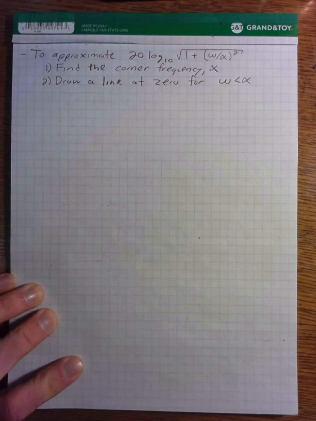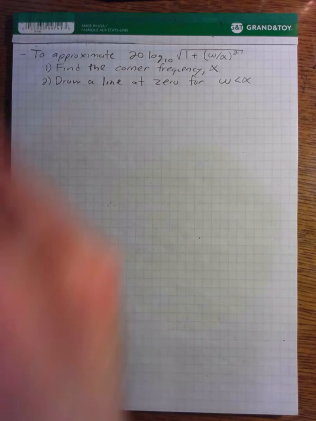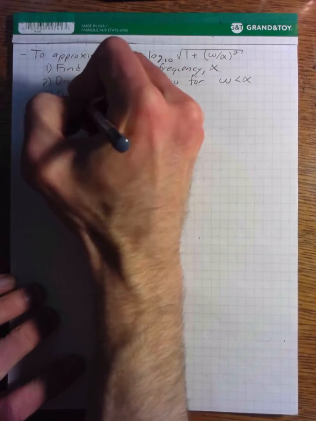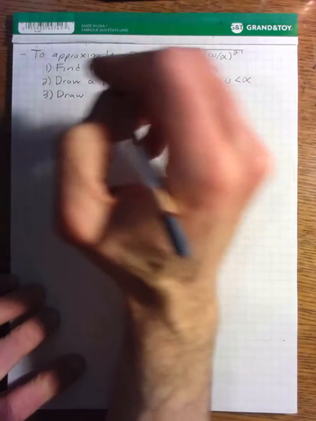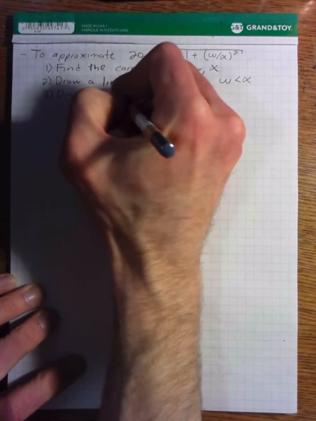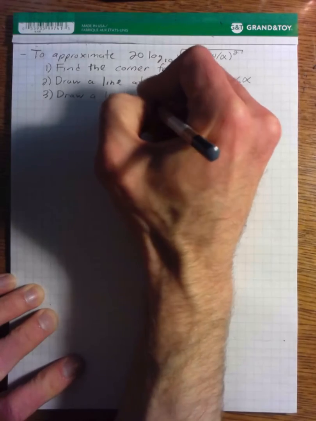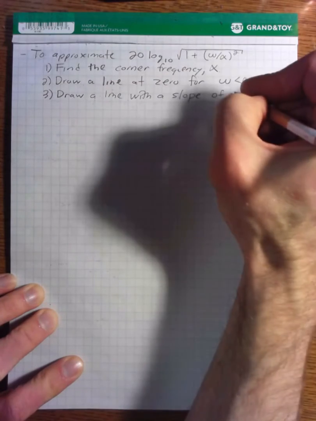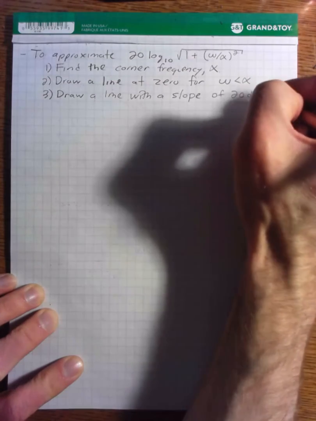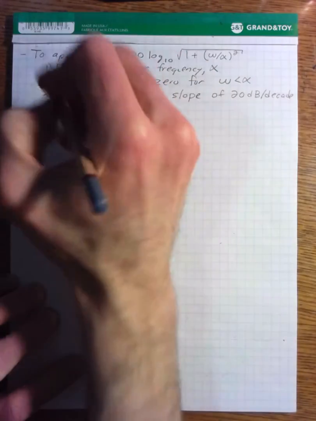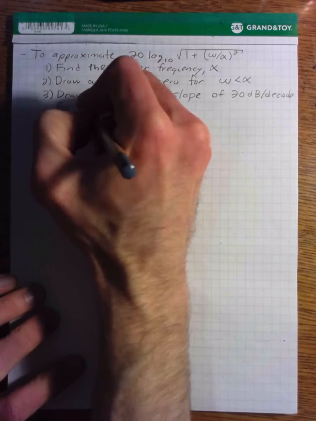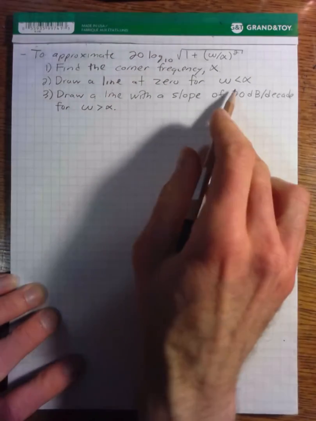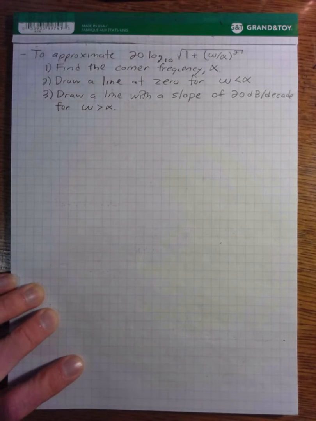Draw a line at 0 for all frequency values less than the corner frequency, and then draw a line with a slope of 20 dB per decade for all frequencies above alpha. And of course, the two lines meet right at alpha.